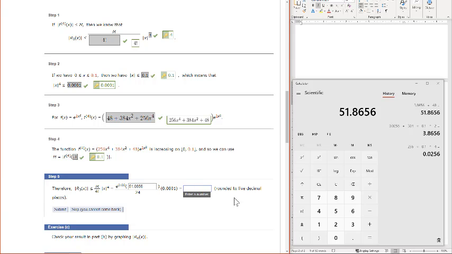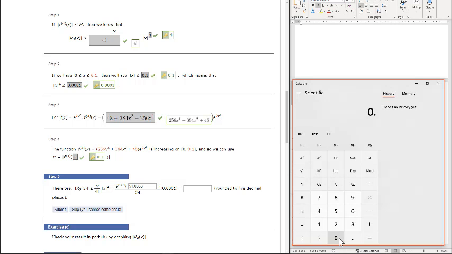And then we want to round this off. Here goes our exponential. Let's start over again. So it's e to the 0.02, and then up arrow, there it goes.